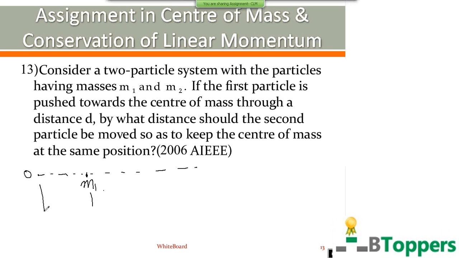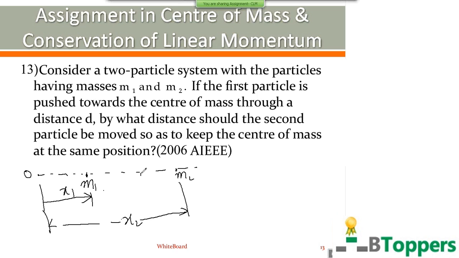Let x1 be the initial distance of m1 from the origin. Let x2 be the initial distance of m2 from the origin.